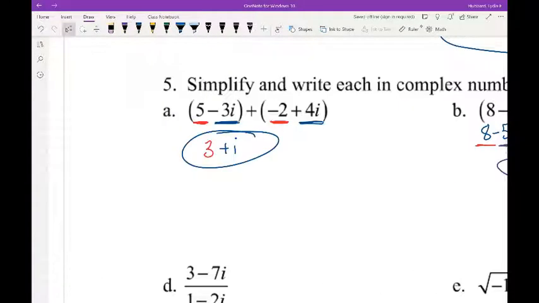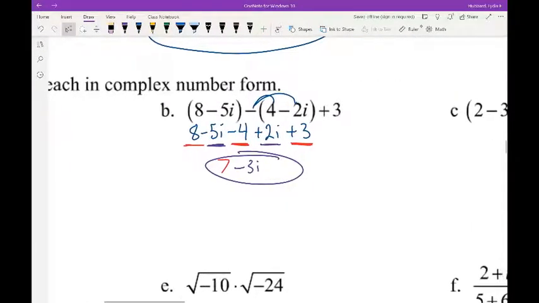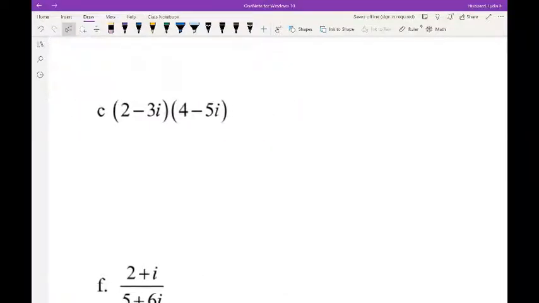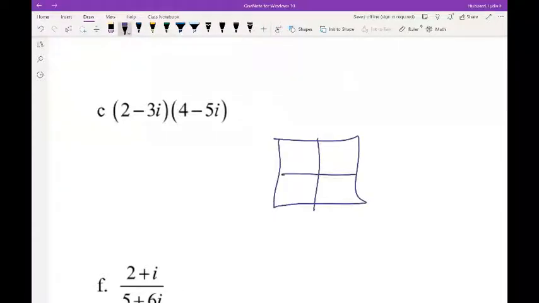Now we're going to do some multiplication. We can use the box method for this if you'd like. You don't have to, but it helps some people. So we're multiplying 2 minus 3i times 4 minus 5i.